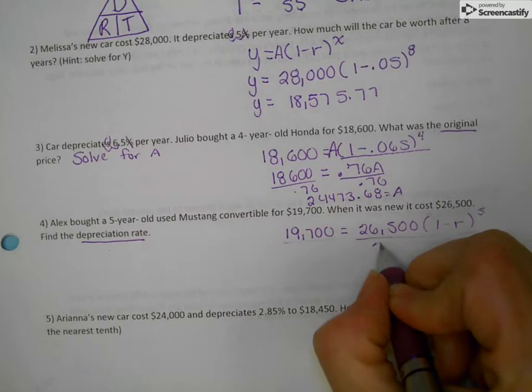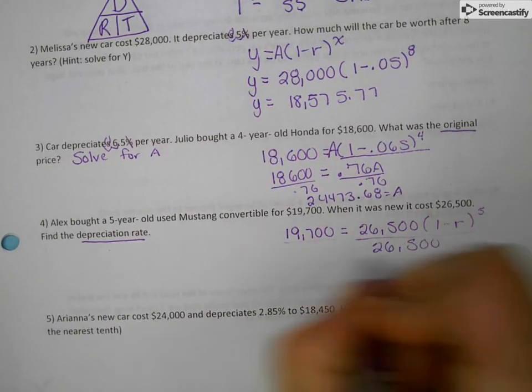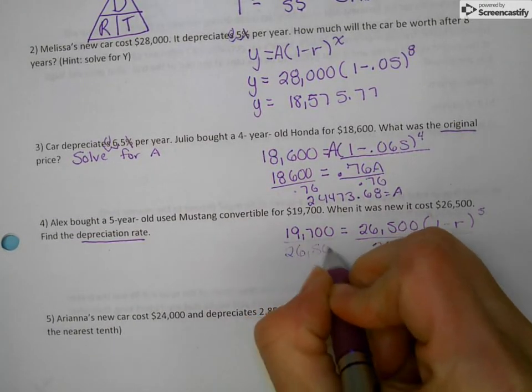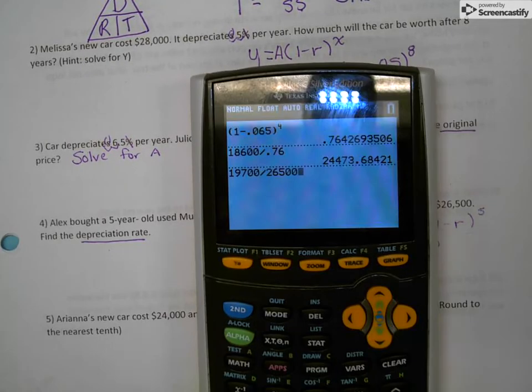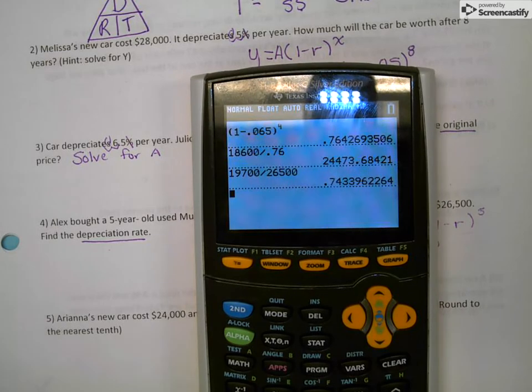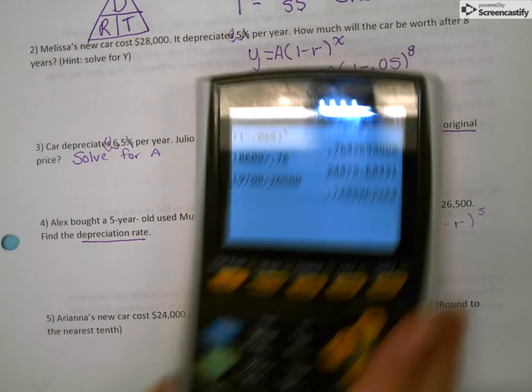Divide both sides by 26,500. So I've got 19,700 divided by 26,500, and I get 0.74.